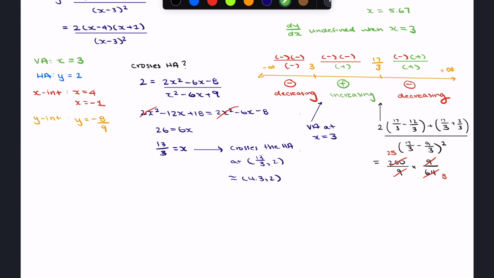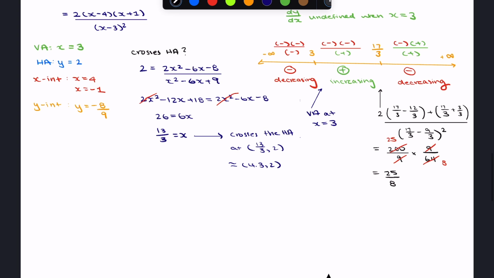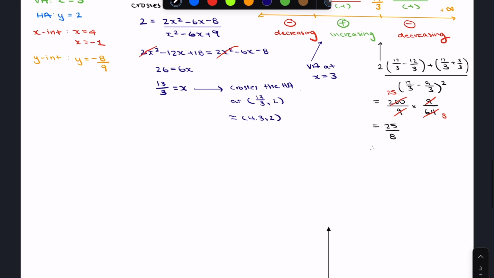So here we'll get a final answer of 25, and here we'll get a simplified 25 over 8. And so therefore, we see here we have a local max at 17 over 3 and 25 over 8. And that is approximately 5.67 and 3.13.